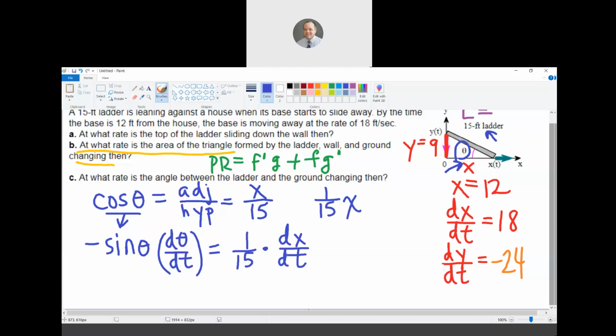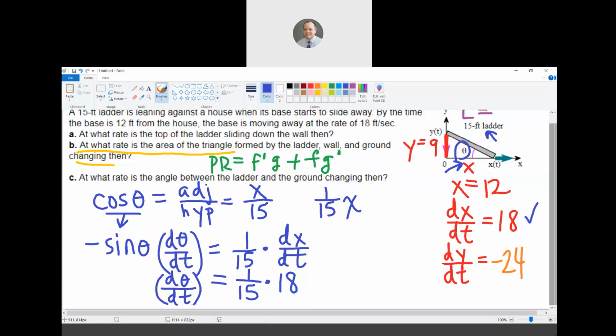Now, let's plug in our given information. dx dt is 18. d theta dt is our unknown. And we got another unknown. We don't know yet what sine theta is. But guess what?